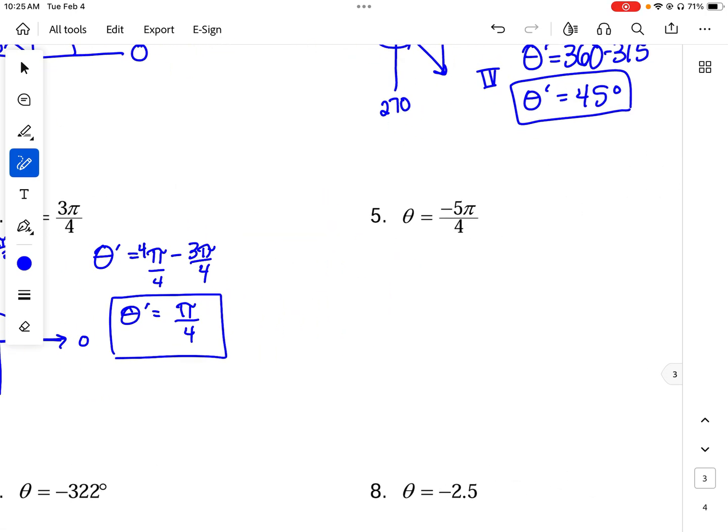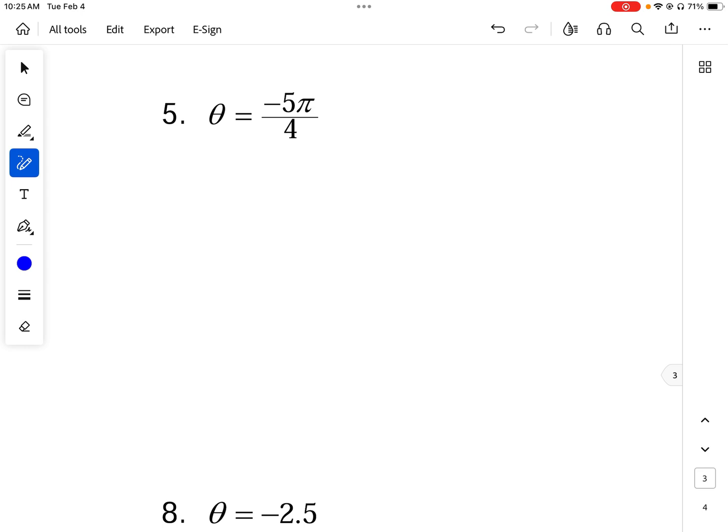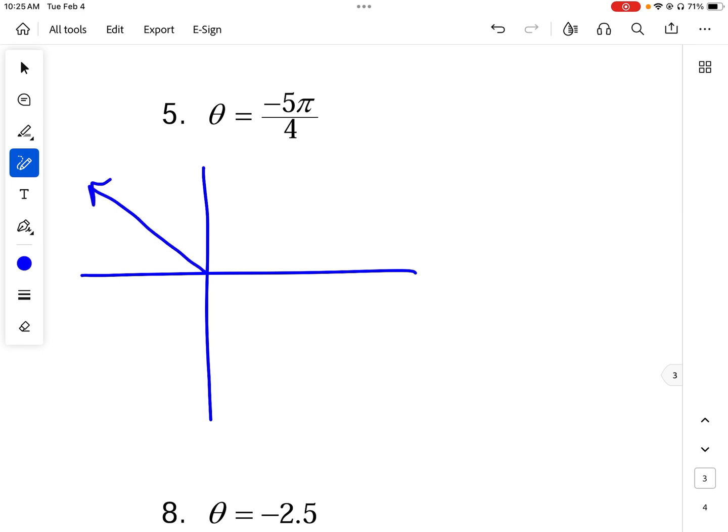Let's go to number 5. Negative 5 pi over 4. If you look at your unit circle, it's usually down in quadrant 3, but because it's negative, it's going to be up in quadrant 2. It went around like this, right?